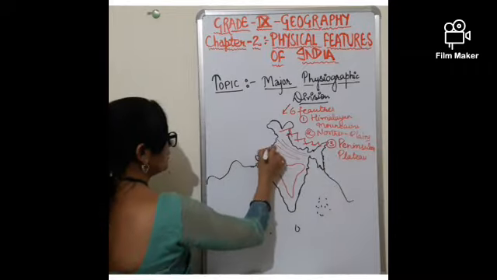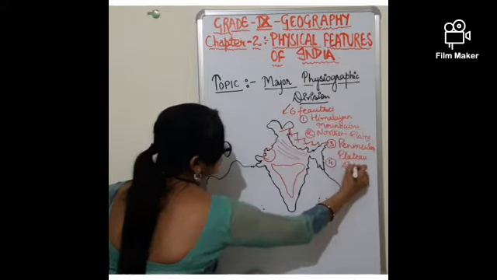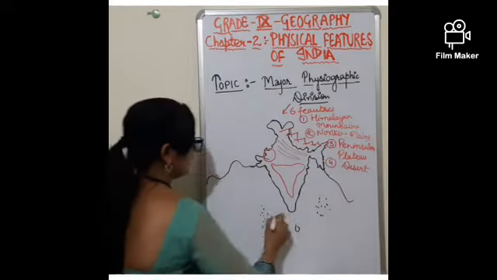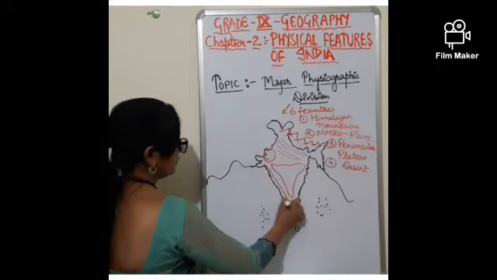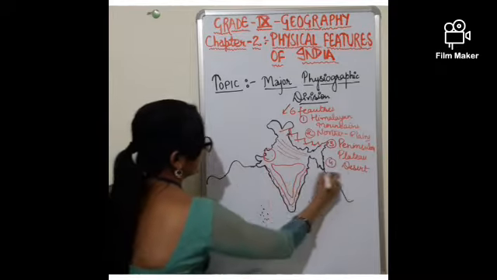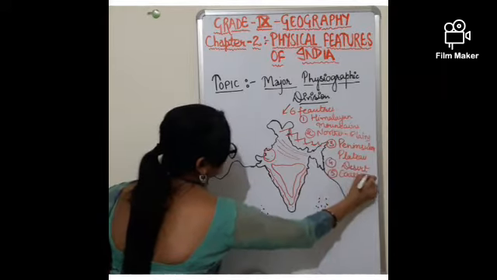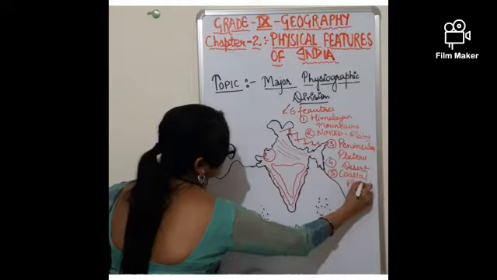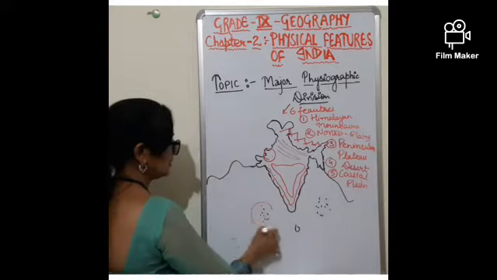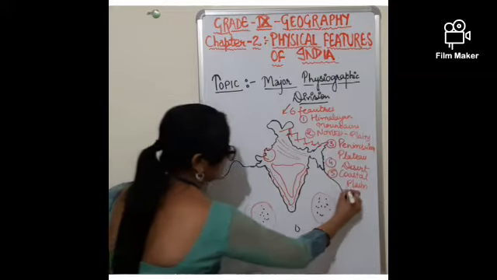And then comes the region of desert and a few areas of coastal plain. These are the areas of coastal plains. And at last we have another feature, that is our islands.